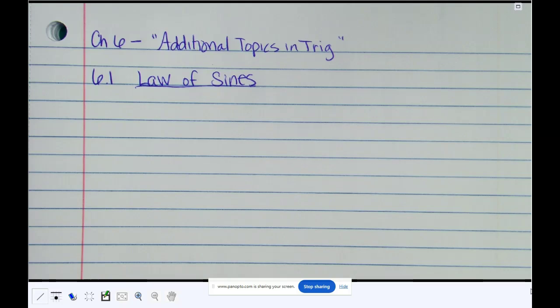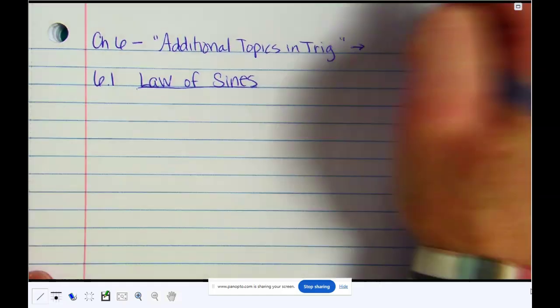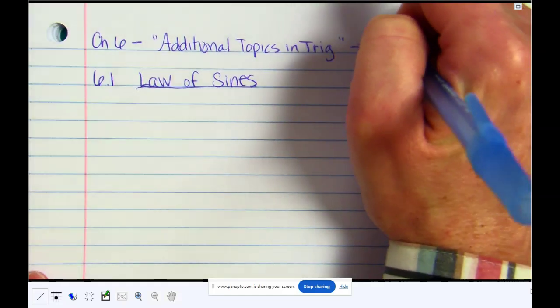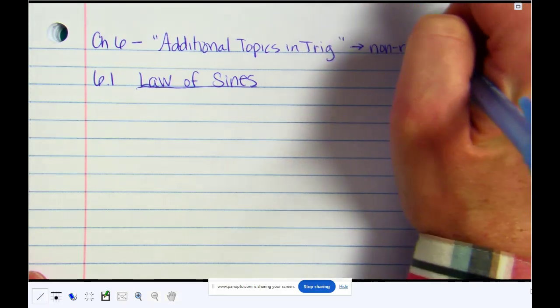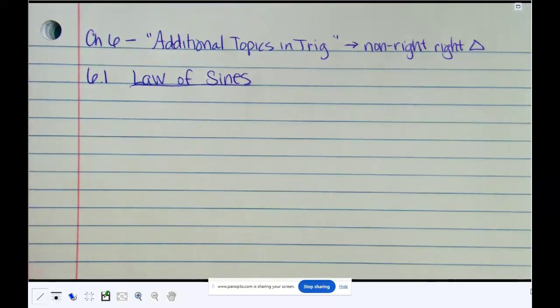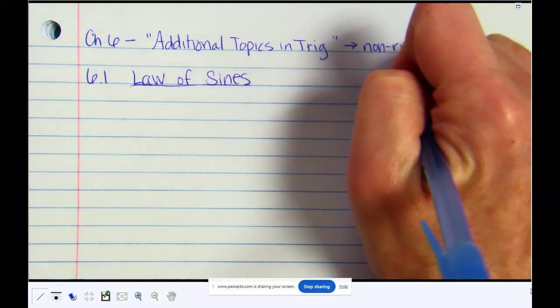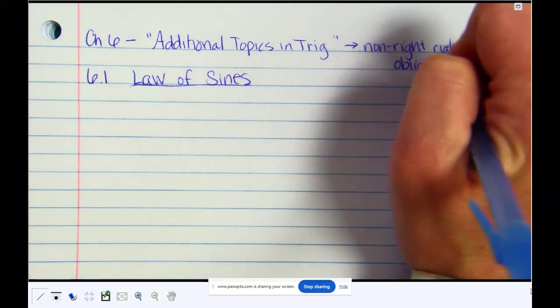Non-right triangles, I believe, are called oblique triangles. So pretty much this whole chapter is non-right triangles. There's much less that we can talk about because they're not right triangles, which is why this chapter is shorter. So these are called oblique triangles.